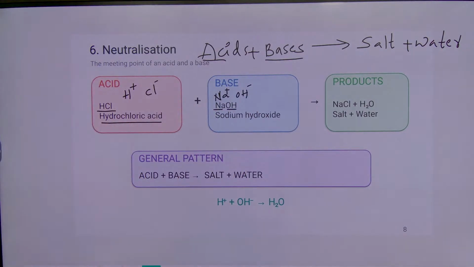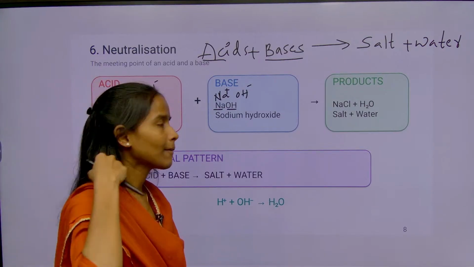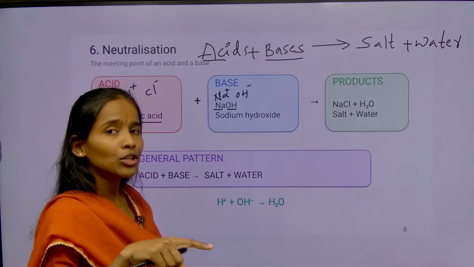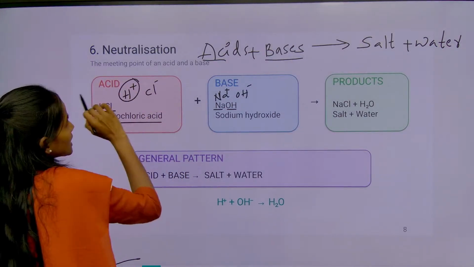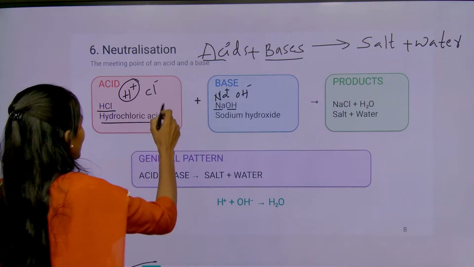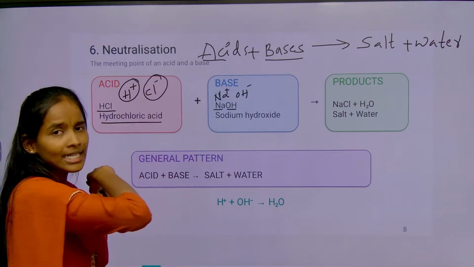We know generally south pole and south pole will repel, right? North pole and north pole will repel. In a similar way, south pole and north pole will attract. Here we can take that opposite charges will react. H plus contains positive charge, Cl minus contains negative charge.